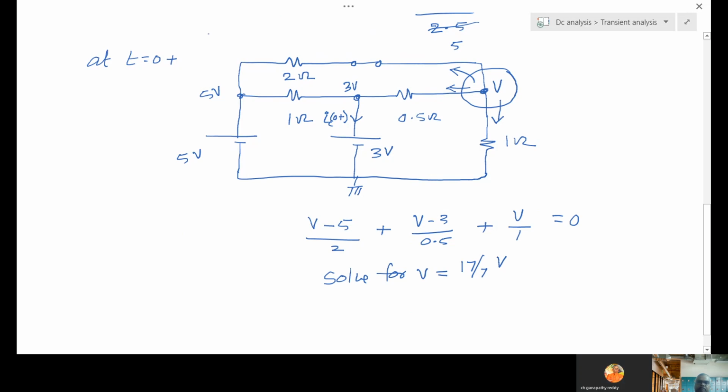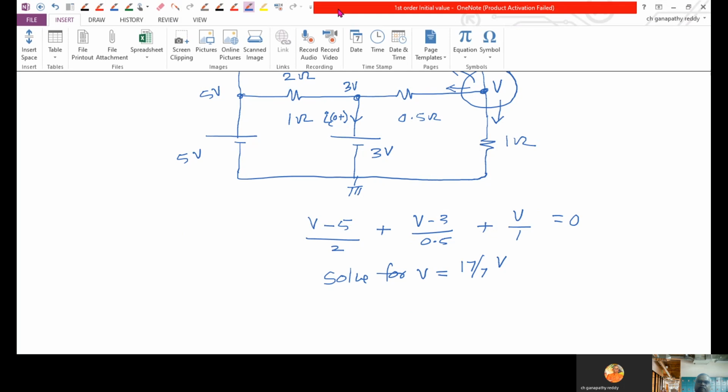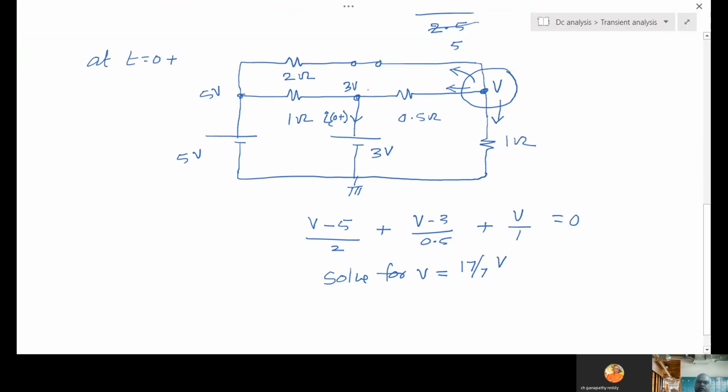After this, write nodal equation here again. So assume this is entering, this is entering, this is leaving. So sum of the currents entering equal to leaving. So straight away, what is leaving? IC 0 plus.